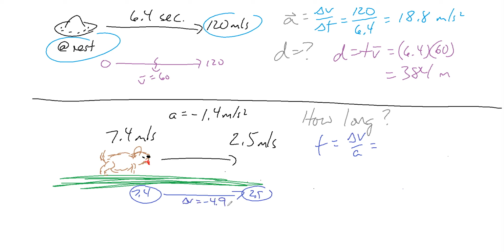So it dropped by 4.9 meters per second. The negative doesn't really matter too much for this because time can't be positive or negative, but it's negative 4.9 was the change in v. My acceleration is negative 1.4. So I'll just divide those two out. The negatives end up canceling out anyway, which makes sense. And it took 3.5 seconds for the dog to slow down.